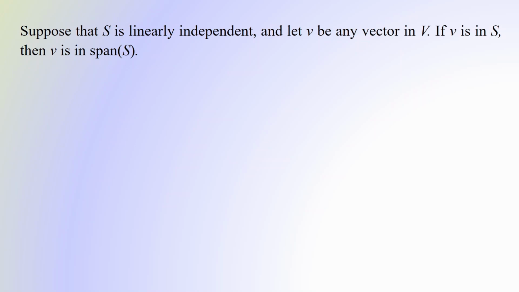Suppose that S is linearly independent and let v be any vector in V. If v is in S, then v is in the span of S, because we can write v as 1 times v, and all other components are 0.